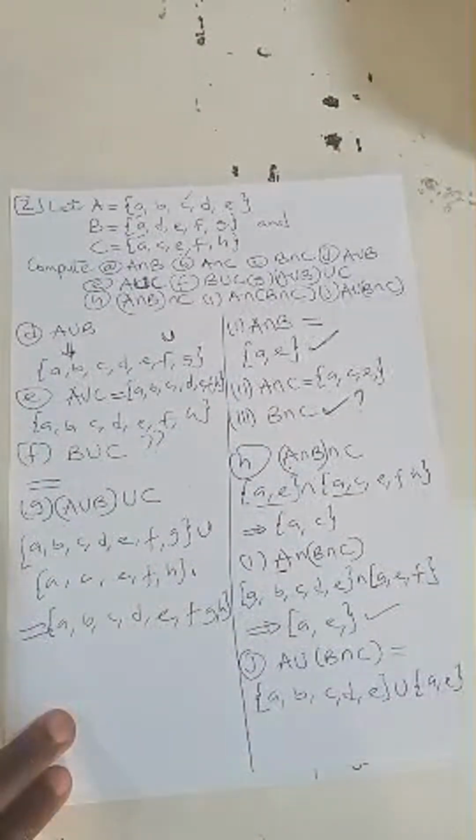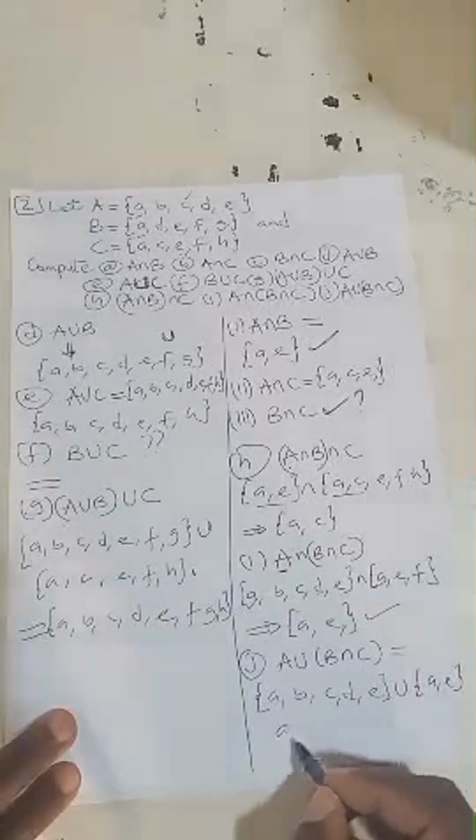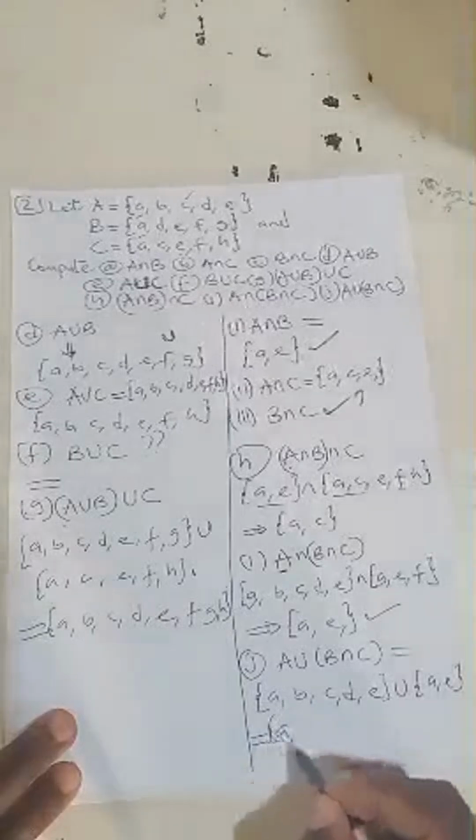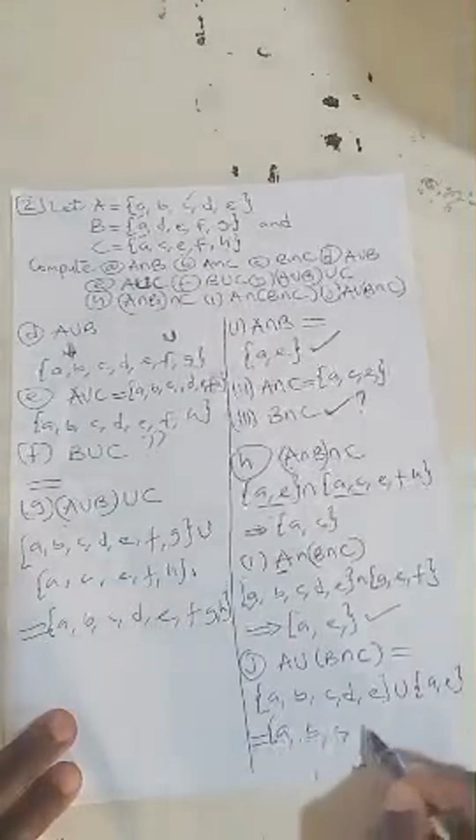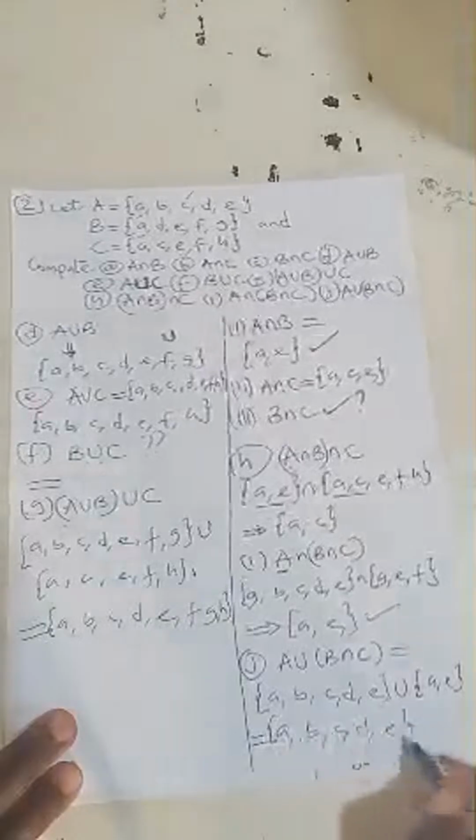Union B intersects C. We have this A comma E. So combine them together, as you know that union is what? The combination of the two elements. So that will be equal to what? The set of A, B, C, D, E. So that's the answer for question 2.